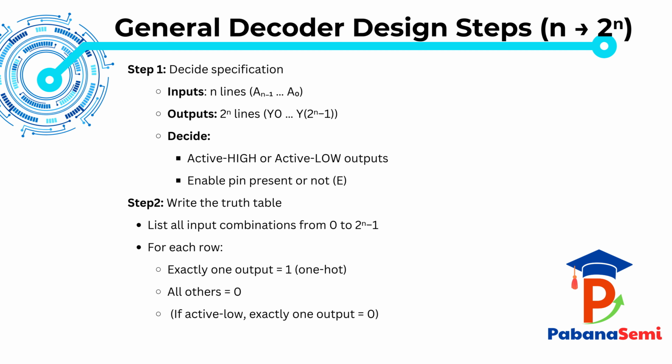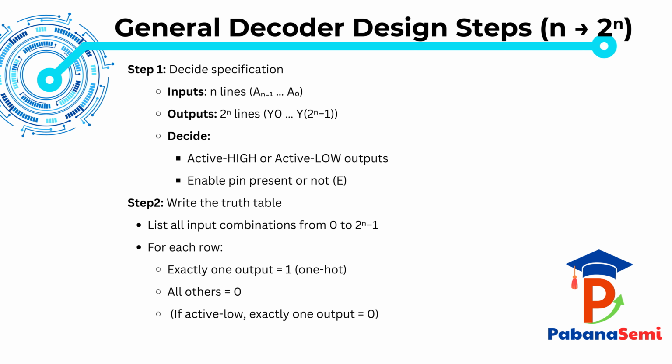Then confirm the number of outputs, which will be 2 to the power n, labeled y0, up to y2 to the power n-1. In this step, we also decide two important design choices. 1, are the outputs active high or active low? And 2, do we have an enable pin E or not? Enable is used to activate or disable the decoder based on system requirement.